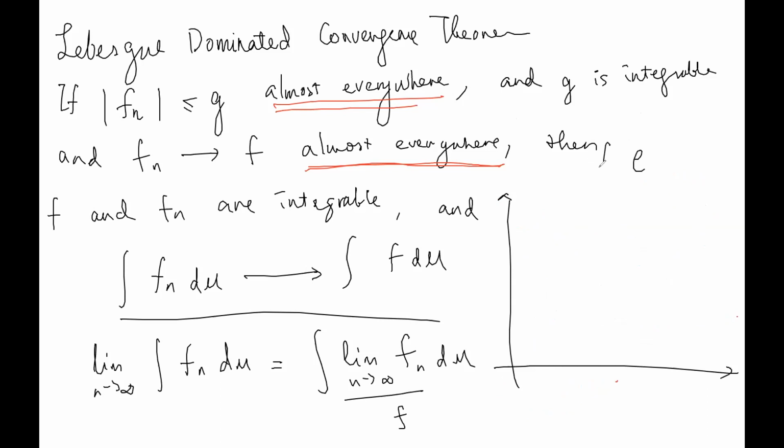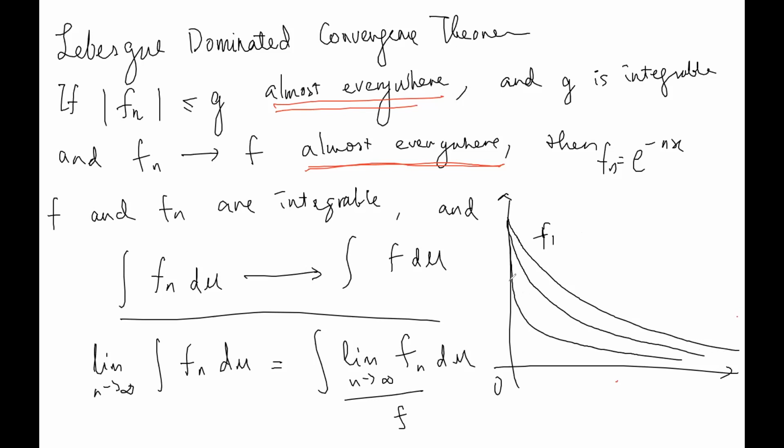So let's say we choose Fn equals to this. When n is equal to 1, and when n equals 2, you will still start from here, but it will decay faster. N equals 3, n equals 4, and so on. It just keeps decaying faster and faster, but at x equals 0, it's always 1, right?